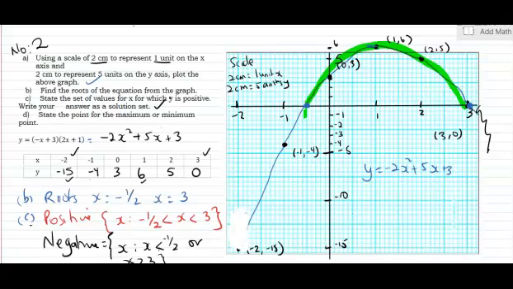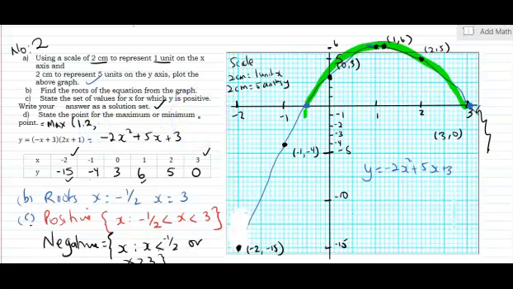Lastly, state the maximum or minimum point. We have a maximum point here, and it kind of looks like it's here. It looks like it's 1/6, or perhaps if I drew it better, it might be a little here. So maybe it's around there. So I will say the maximum point here, and you have to say that is maximum, might be probably 1.2, right?